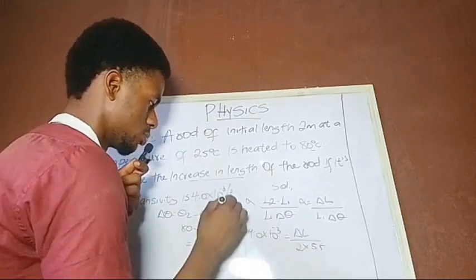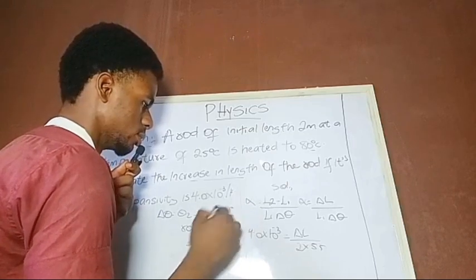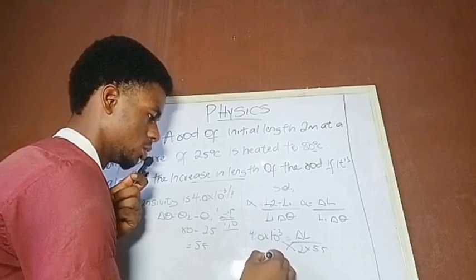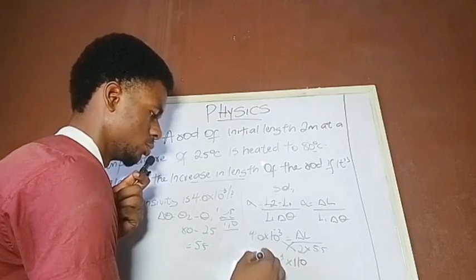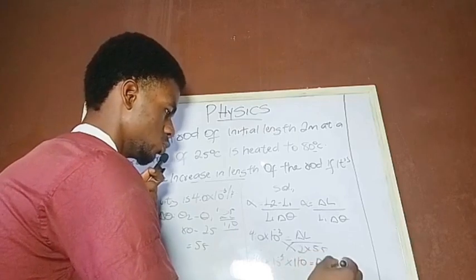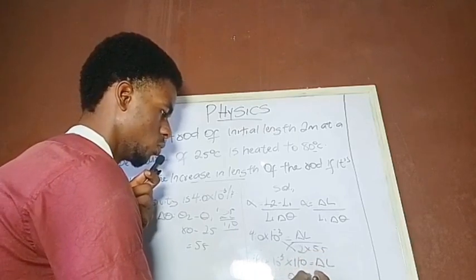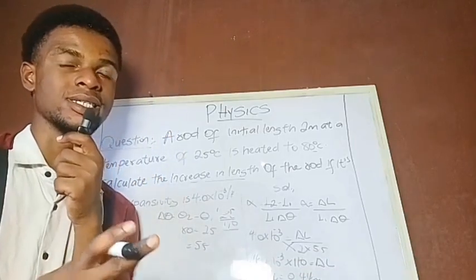This will give me 55 times 2, that will give me 110. So I'm going to cross multiply 4.0 times 10 raised to the power of minus 3 times 110, which will give me my change in L. So my change in L will be equal to 0.44 meters. If you do this in your calculator, you're likely to get the same thing.